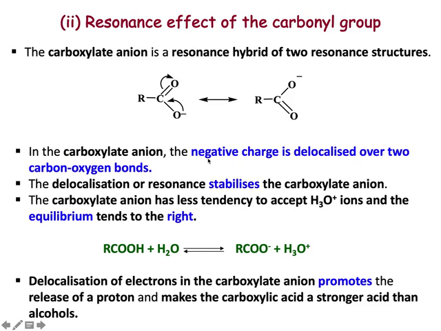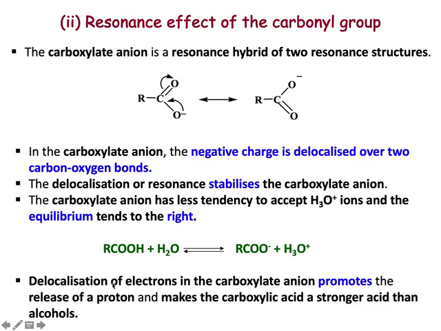So here is the reason: the negative charge is delocalized over two carbon oxygen bonds. Because of delocalization or resonance stability of the carboxylate anion, this carboxylate anion has less tendency to accept hydronium ion, and the equilibrium turns to the right.